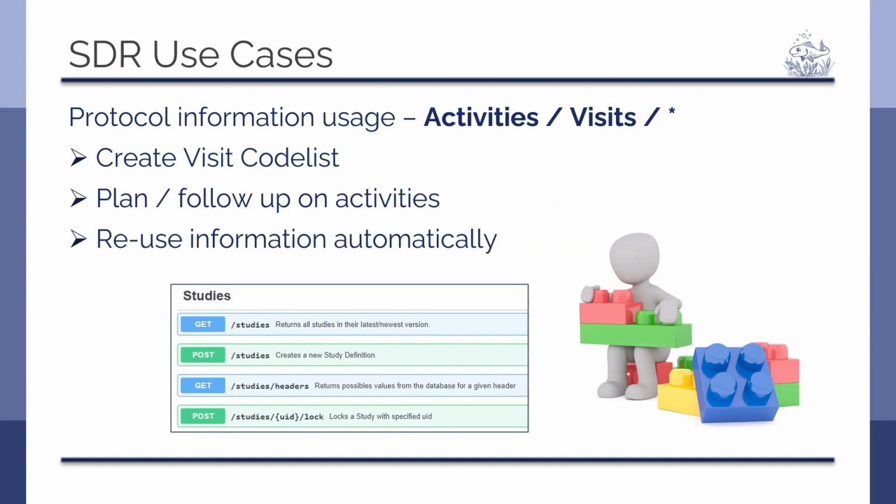And then we also have the activities, visits, and quite a lot of other things you can do. You can, for example, create a visit code list. You can have some tools to follow up or plan activities. And you can really reuse the information which is available just automatically. By having these APIs, which are standard interfaces, you can grab all the information available quite easily and reuse it for any kind of automation.